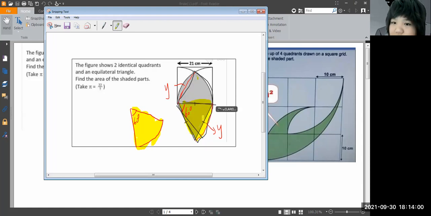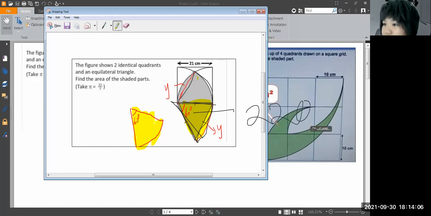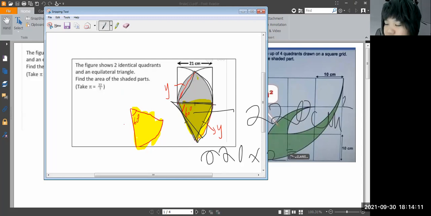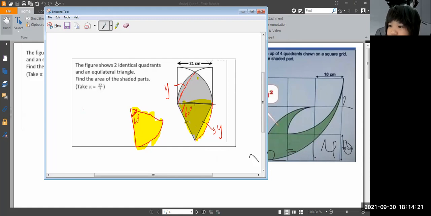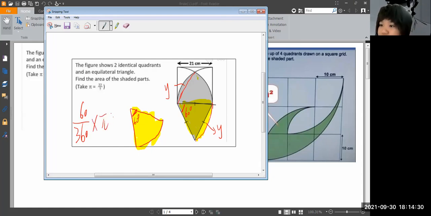This is 220 cm square. Let me double check for you. Hold on, not so fast. How do you do this? Because this is 60 degree, that means 60 over 360. So it's 1/6 of a circle. So you use pi r square.